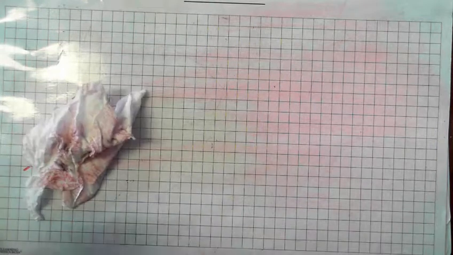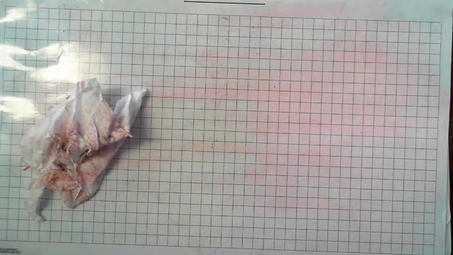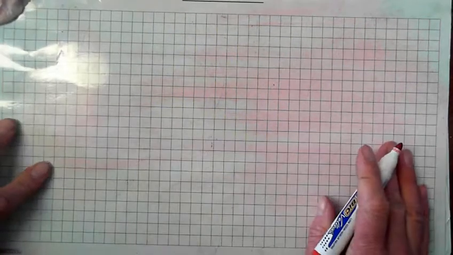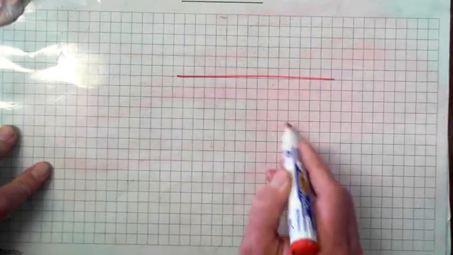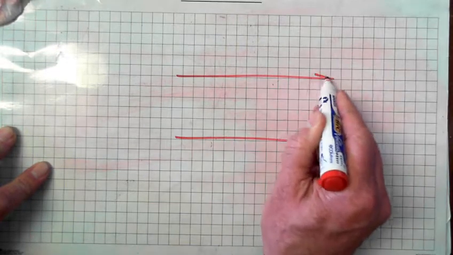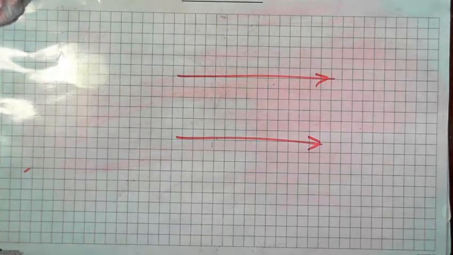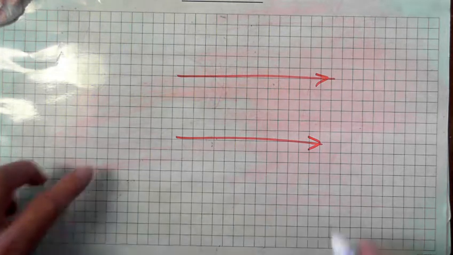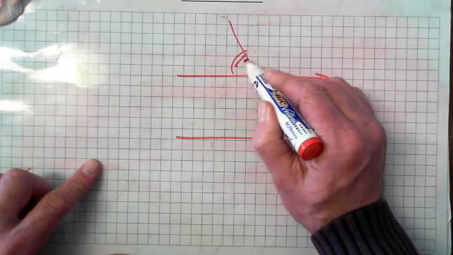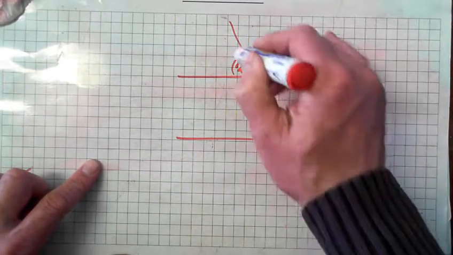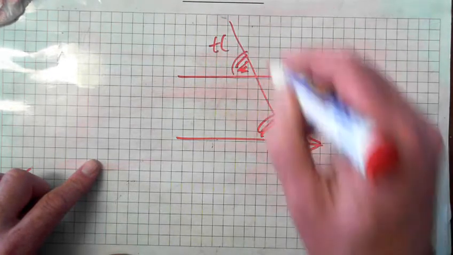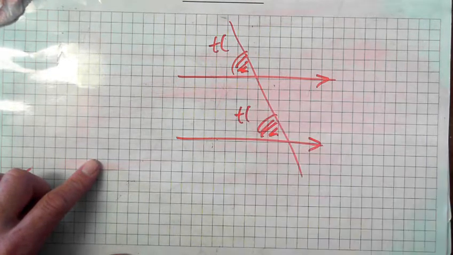Okay. I'm going to stop that one for a sec. So that was chapters 8, 9 and 10 so far. But actually, what we'll do is pretty quickly. These are parallel lines because those arrows say that they're parallel. And what are these angles up here? Well, that angle and that angle. So that's top left, TL top left.